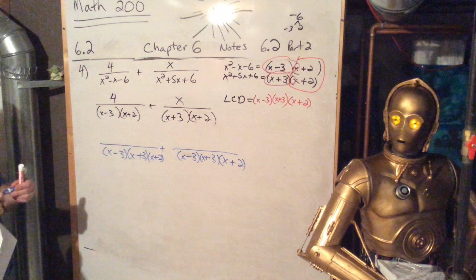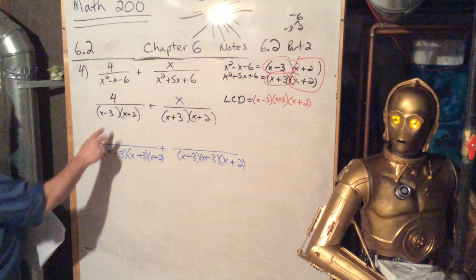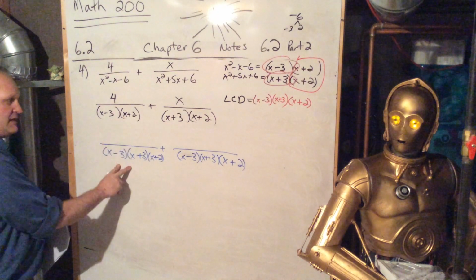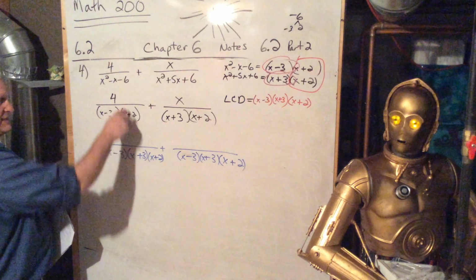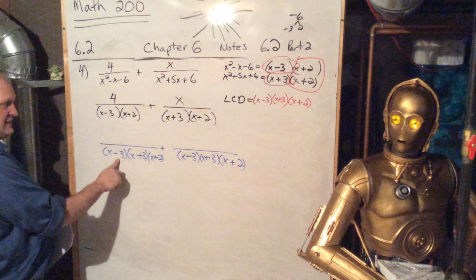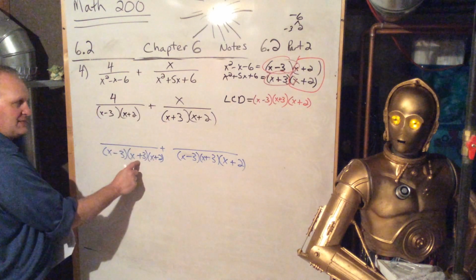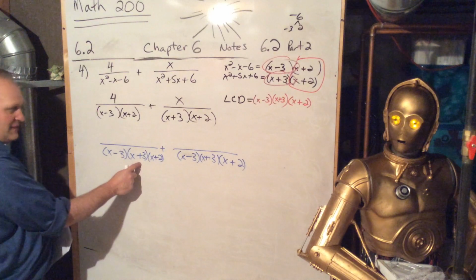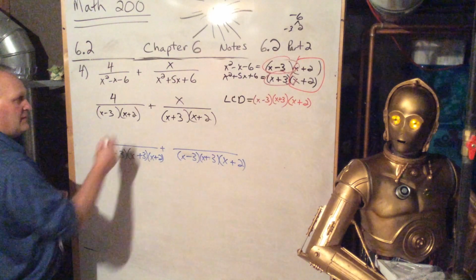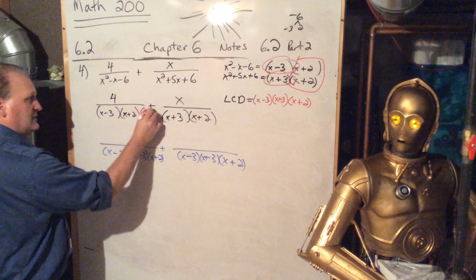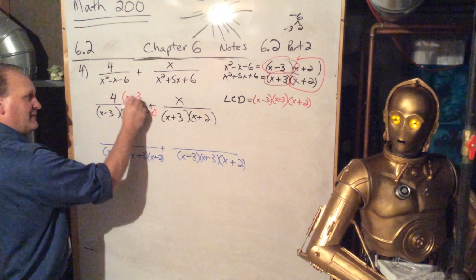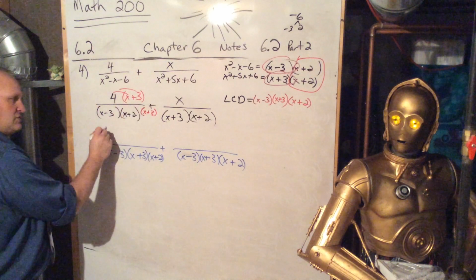So we work backwards. Again, we look at this and say, what's missing from here to there? What's different? One of these things is not like the other. So this one is the same, this one is the same. This is missing. I need this one to be in my LCD, but it's not there. So I'm going to throw that in as x plus 3, but I have to multiply top and bottom by that. And do the distributive property.